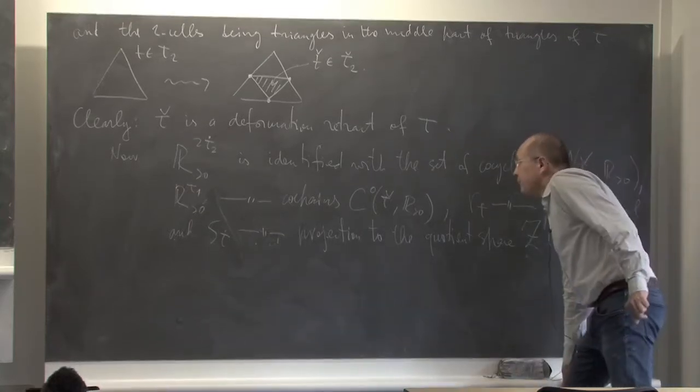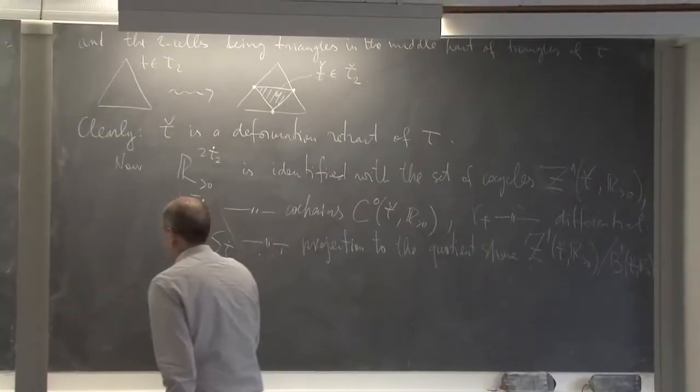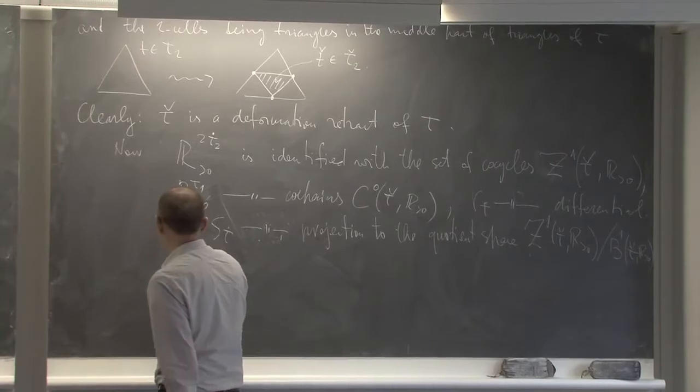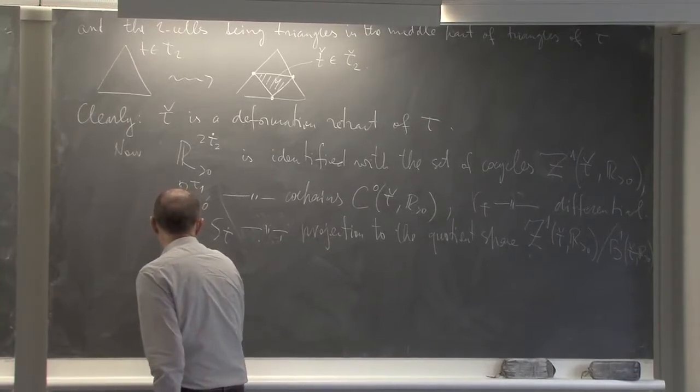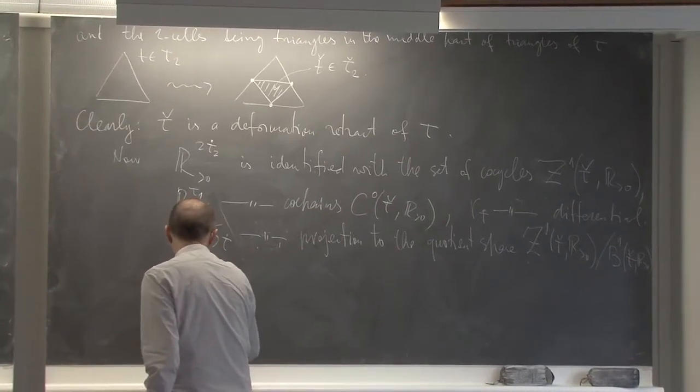So let me be more precise here. What we had as a map S tau. So now our picture is like this.